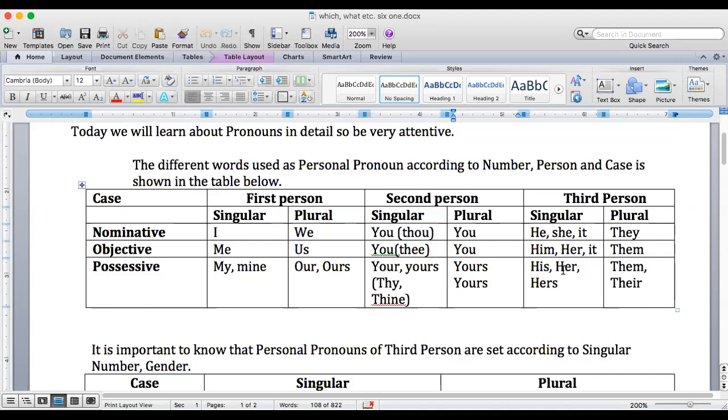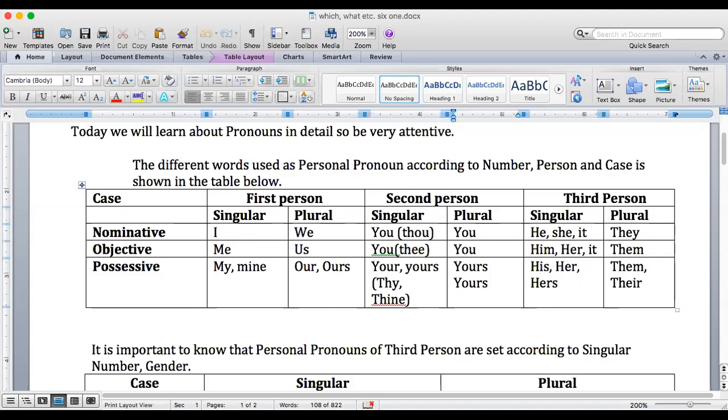His, her, and hers is the possessive case, and their is the plural form. So these are the personal pronouns showing first person, second person, and third person. I is the first person, you is the second person, he, she, it is the third person. All right, and the plural forms are we, you plural, they plural.